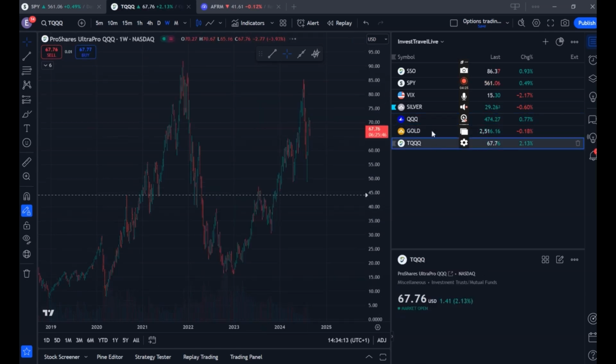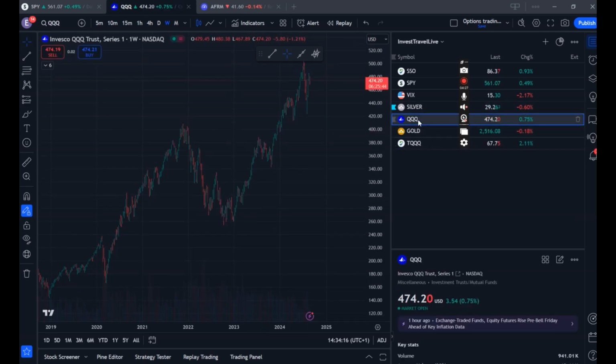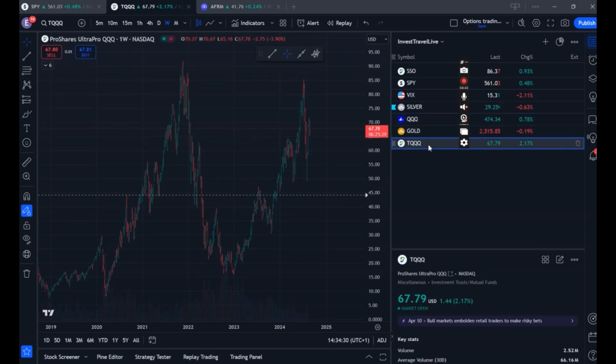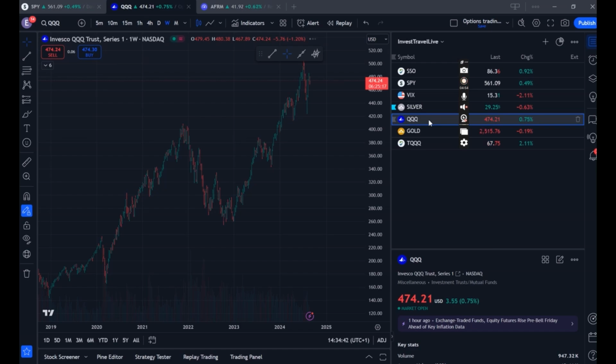So basically this is a 3x return of the QQQ. But it should be traded on the shorter time frame. So you don't want to buy TQQQ or short TQQQ for long periods of time, like 2, 3, 4, 5 years. Okay, you could do that with the SPY or QQQ.